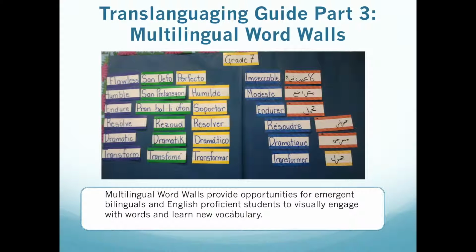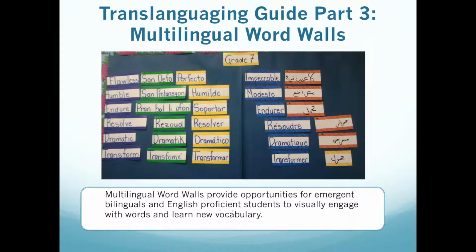Another strategy for vocabulary building are multilingual word walls. Everyone you know who's a teacher has a word wall. For emergent bilinguals, it's important for those word walls to feature both their home and their new languages. As you can see here on your screen, you have a 7th grade word wall that features different kinds of words that are adjectives for people, right?